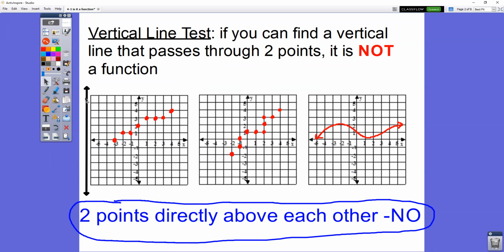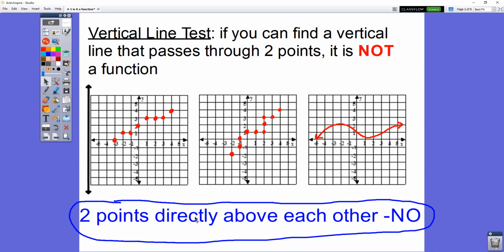This line that I'm moving across the screen is a vertical line. If that vertical line covers up 2 points at the same time, that's when it's a no, because it fails the vertical line test.